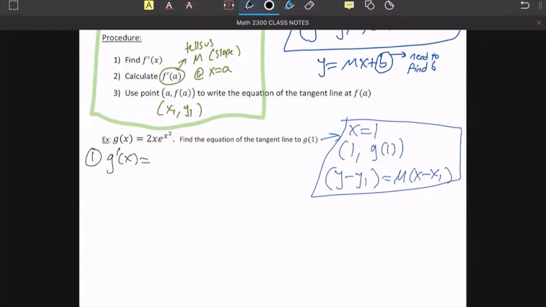So you take the derivative, product rule. It's the thing we just did a second ago. So write that down. That's not right.